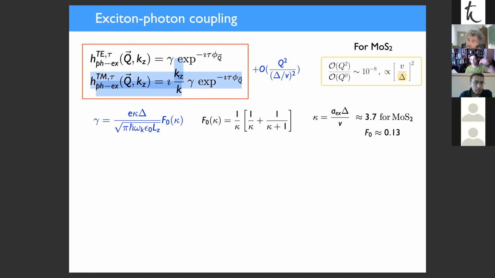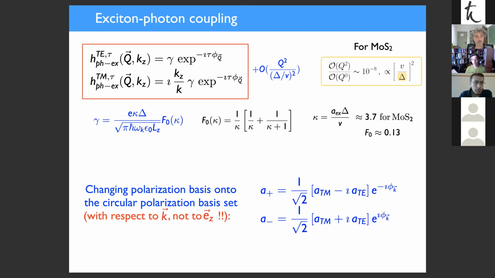So when you are at normal incidence, when Kz is equal to K, this is 1, and these two couplings are the same. But when the wave vector is not in the normal direction, then the coupling to the TM polarization is smaller, reflecting that the projection into the plane for this component is smaller.